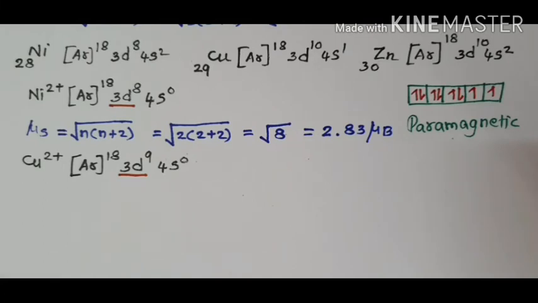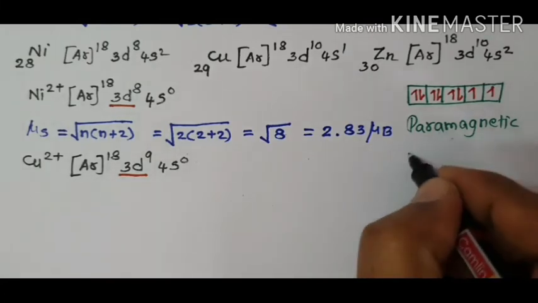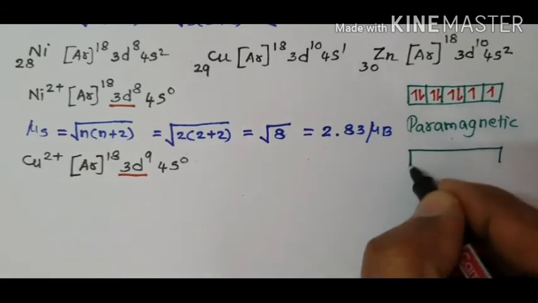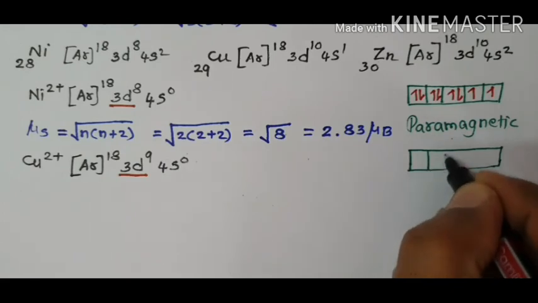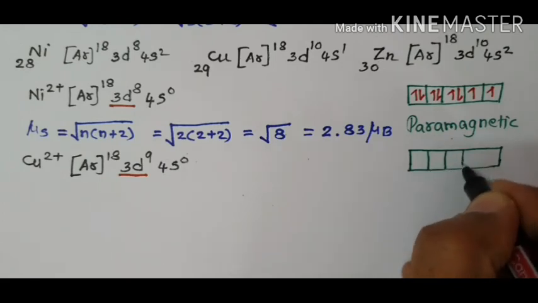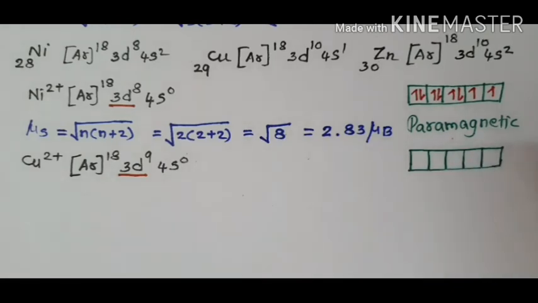Now fill all the 9 electrons in the 5 orientations of d orbital: dxy, dyz, dzx, dx squared minus y squared, dz squared. We have to fill how many electrons? 9 electrons.